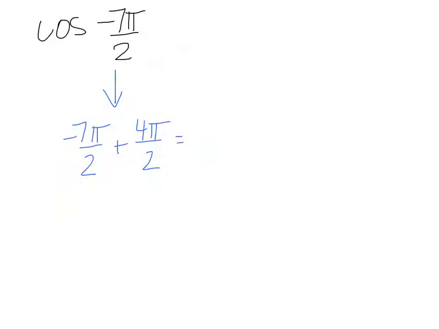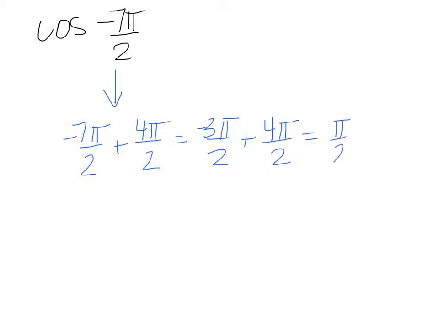So what do I get when I take negative 7 pi over 2 plus 4 pi over 2? Negative 3 pi over 2. That's still negative. I want a positive. Add again. So let's add on another period, another revolution. So if we add on 4 pi over 2 again, what do we get?